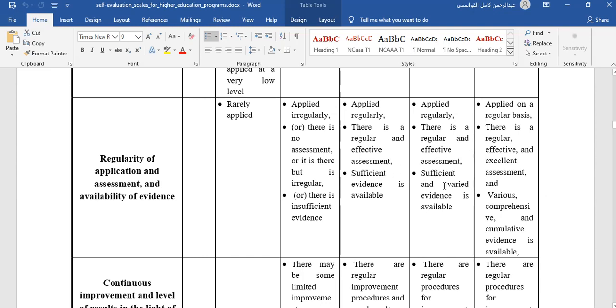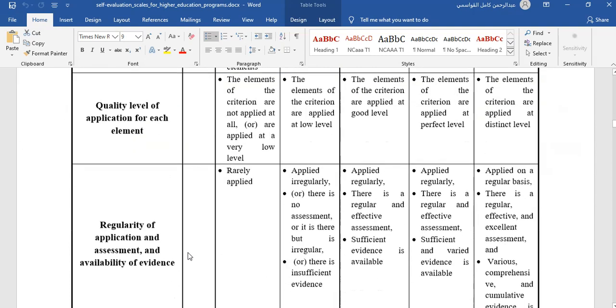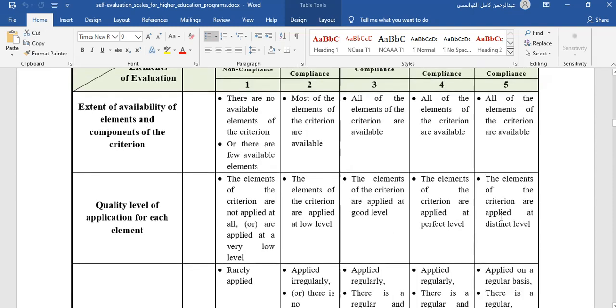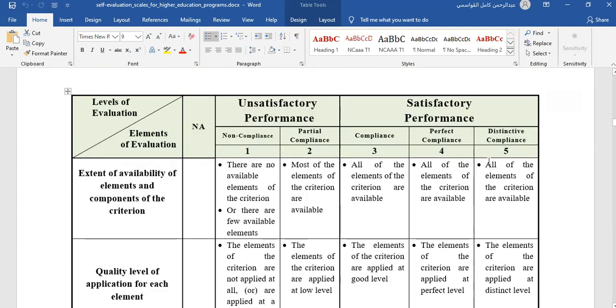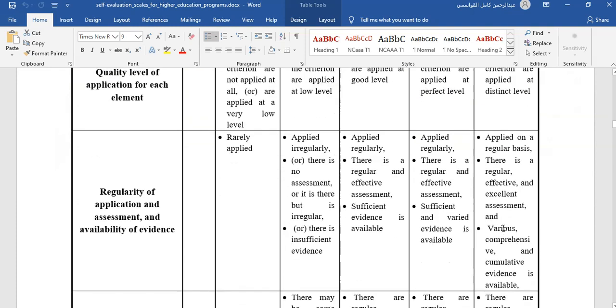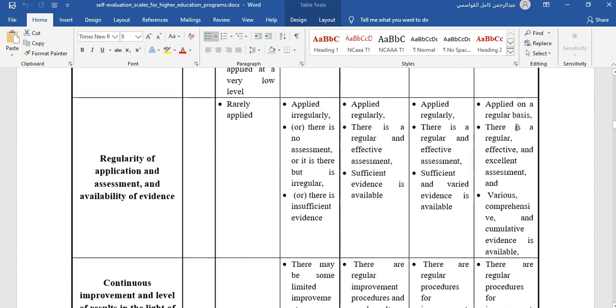But if you want to choose for this keyword, about application, assessment, and availability of evidence, for level number 5, which is distinctive compliance, you have to fit 3 main elements.